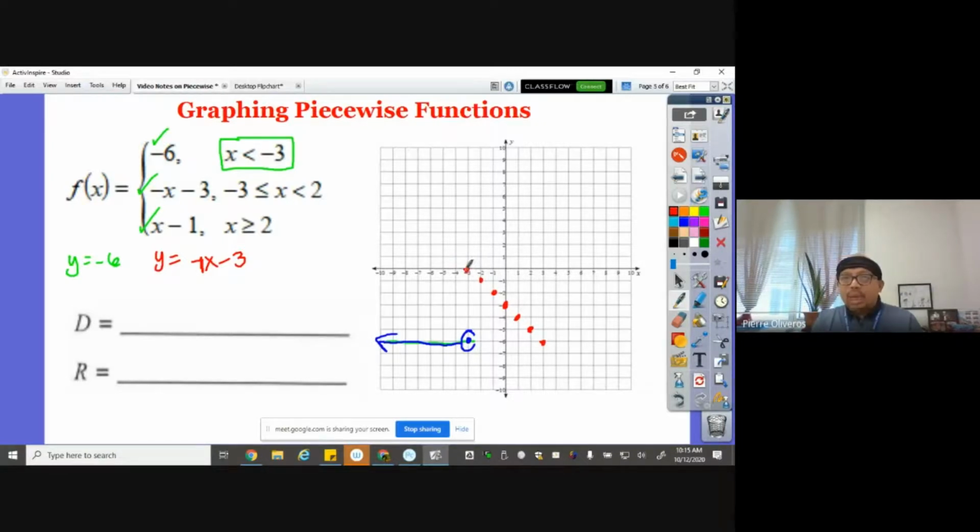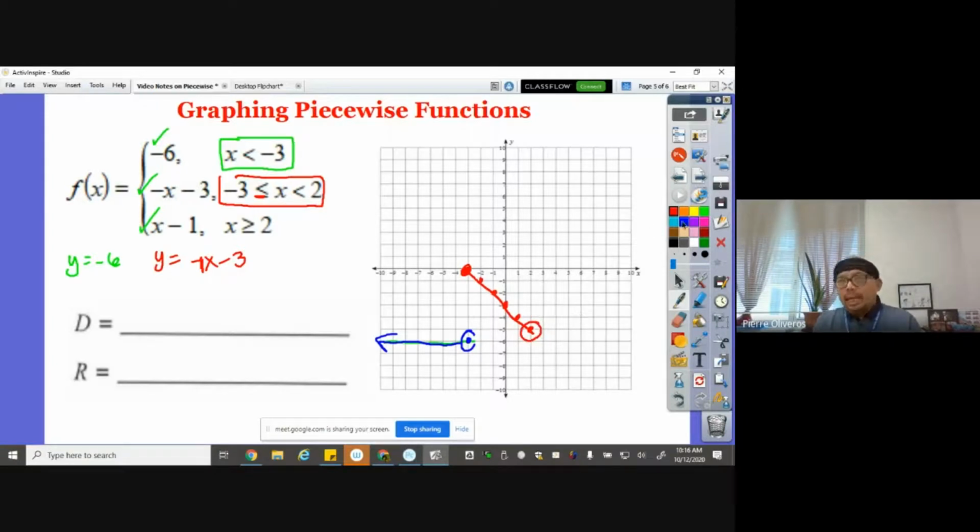I would not make any more points on this side because, as I look at the interval, everything is from negative 3 to 2. Negative 3 is right here, up to positive 2 right there. So I don't need this last point here. My graph will be like this, like a segment. This one here is closed, so this will be closed here. This is open, so it will be an open circle right there.